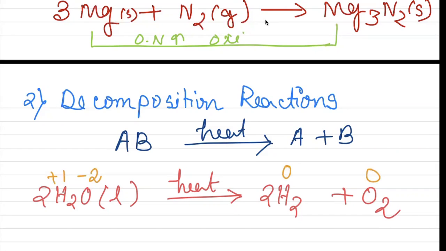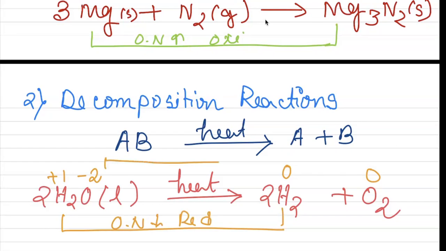So +1 to 0, oxidation or reduction? +1 to 0, the oxidation number decreases. That means reduction. Here -2 to 0, the oxidation number increases. That means oxidation.